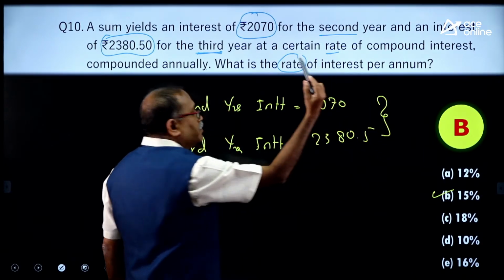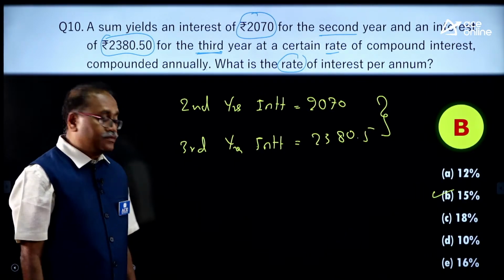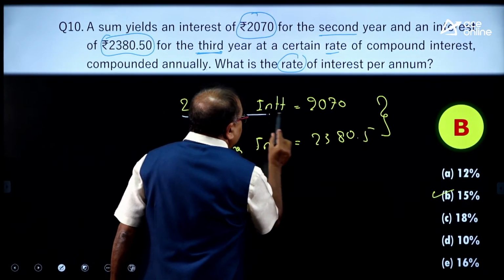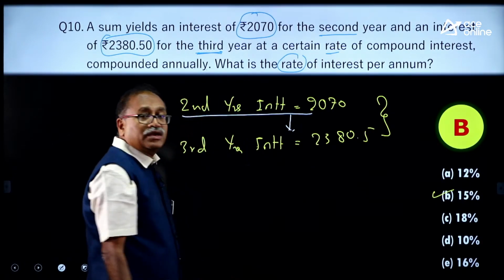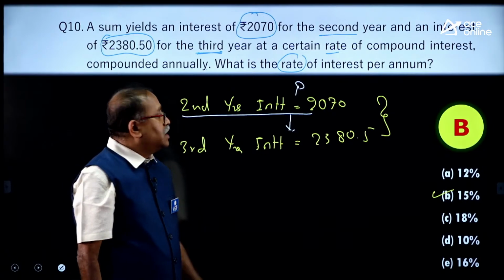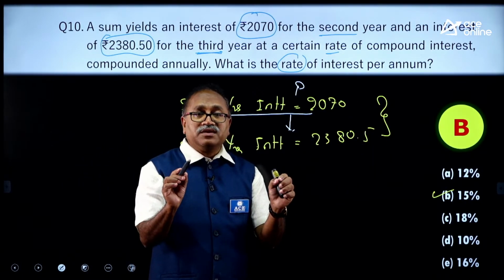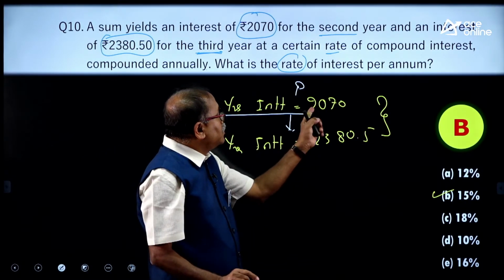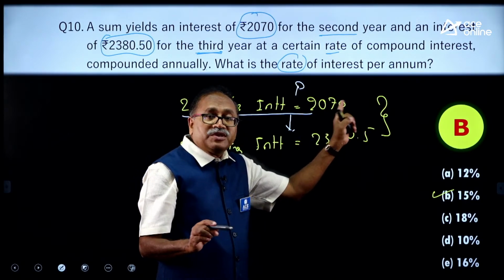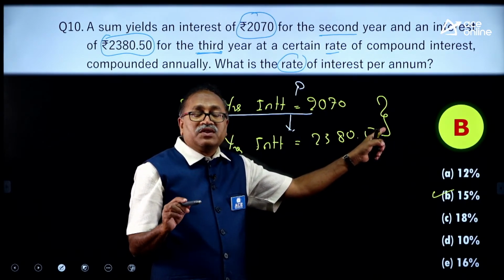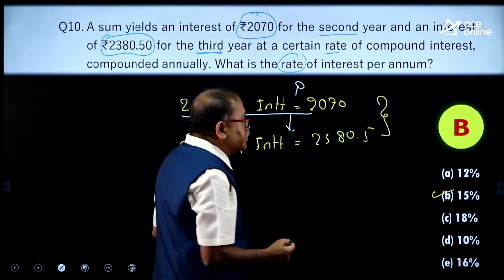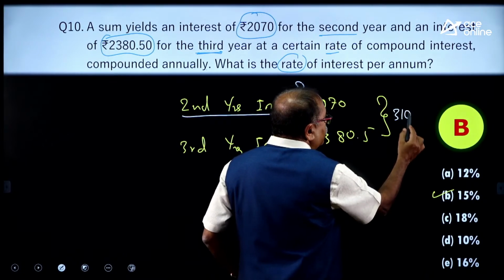This difference will be 1 year interest, and as there is a gap of only 1 year, this second year interest will be the principal, and the difference is the 1 year interest. So, this should be considered as principal. So, I will have the principal, I have the interest, I can find out the rate of interest. What is the difference between these two? The difference is 310.5.